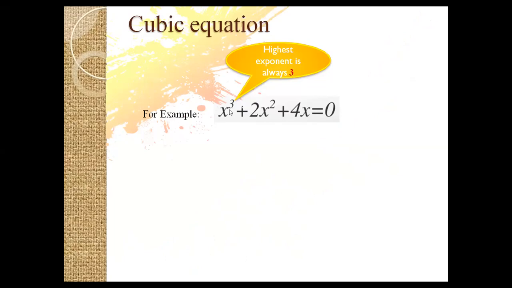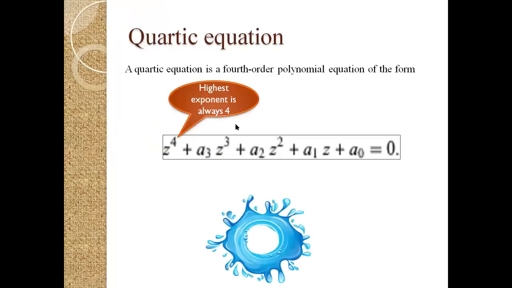As you progress in your studies of algebra, you are exposed to more and more types of equations. You are now familiar with linear and quadratic equations, right? You know what they are, and you can identify them easily. Here, the highest exponent is 3. That is why it is cubic.